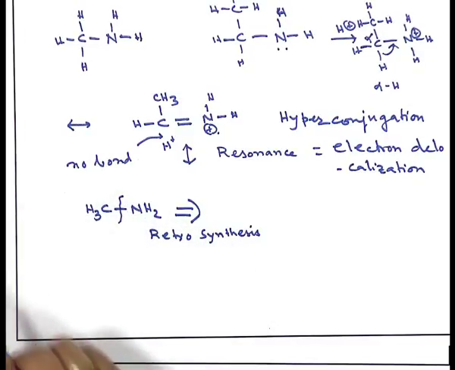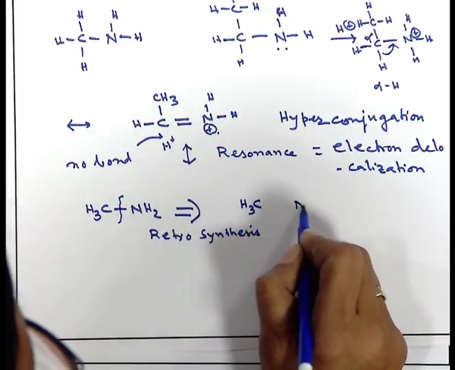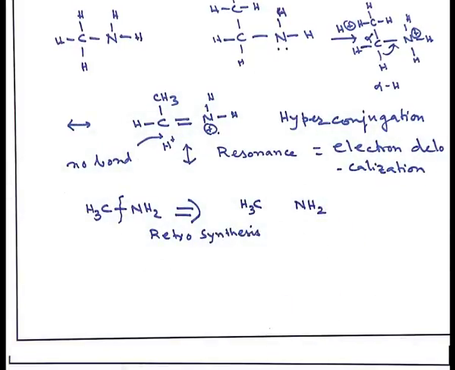If I break this carbon-nitrogen bond, I end up with two species: one is a methyl, and another is NH2. But the question is, this methyl and NH2 are just a concept, not the actual species or the actual molecule. So, what starting materials do we begin with to prepare a compound like methylamine? That means, how could the carbon-nitrogen bond be connected with the help of what sort of starting materials and under what conditions?